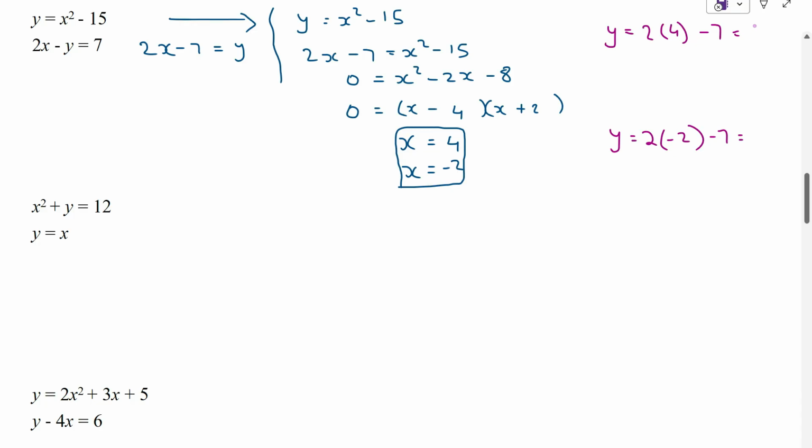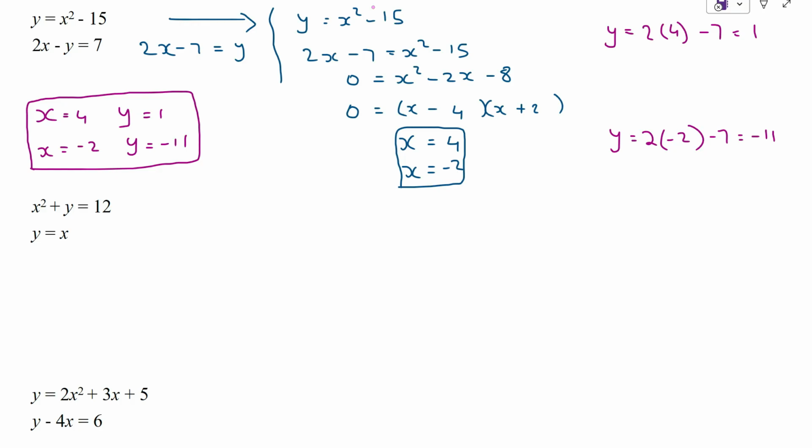So this is 8 minus 7, which is 1, minus 4 minus 7, which is minus 11. So our final answer, when x equals 4, y equals 1, and when x equals minus 2, y equals minus 11.